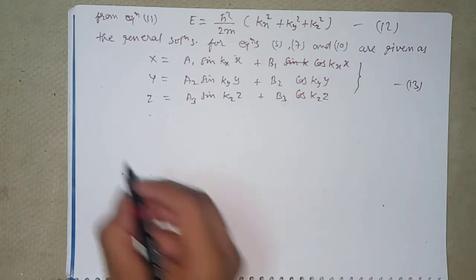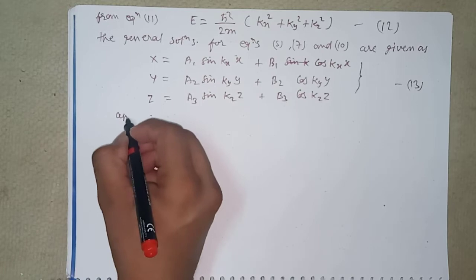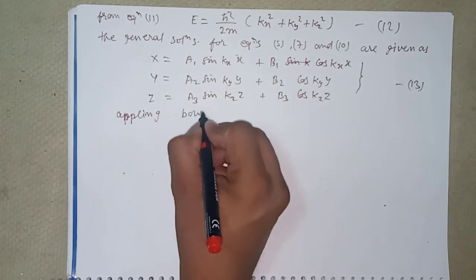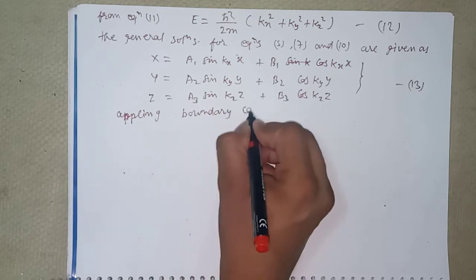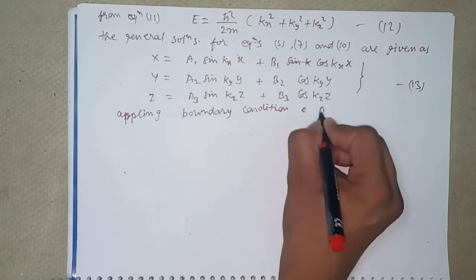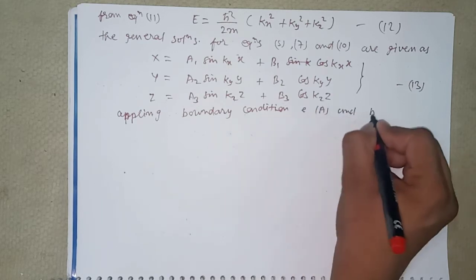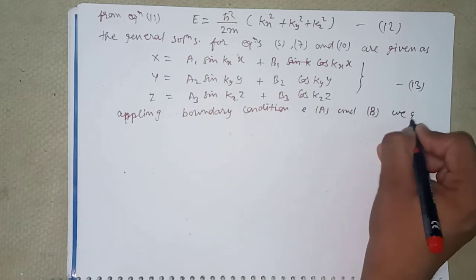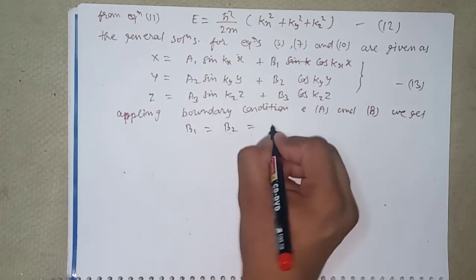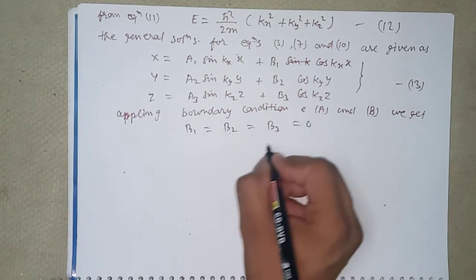Applying boundary conditions A and B, we get b1 is equal to b2 is equal to b3 is equal to 0.